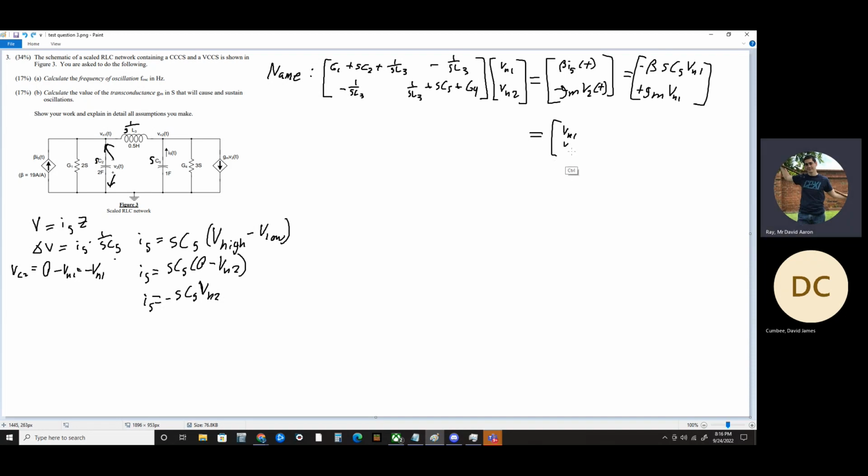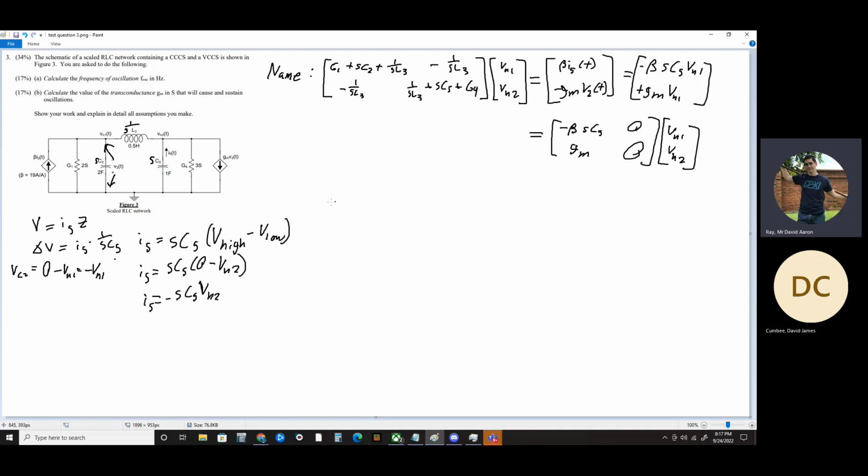Oh, that's a mistake. VN1 is that column. VN2 is this column. So VN1 goes here, negative beta SC5, and then GM right here. That's going to be 0, 0, since we have no VN2 terms in either the top or the bottom. VN1, VN2. And now we're going to subtract it from both sides.